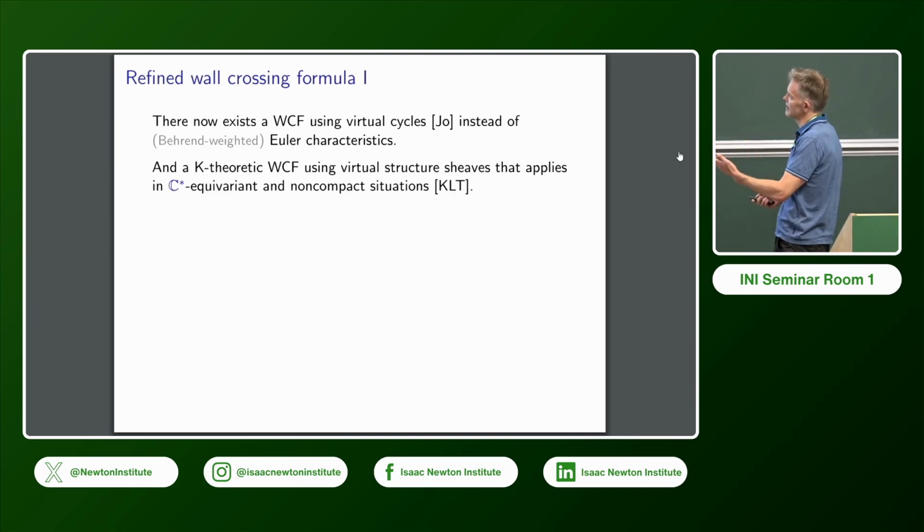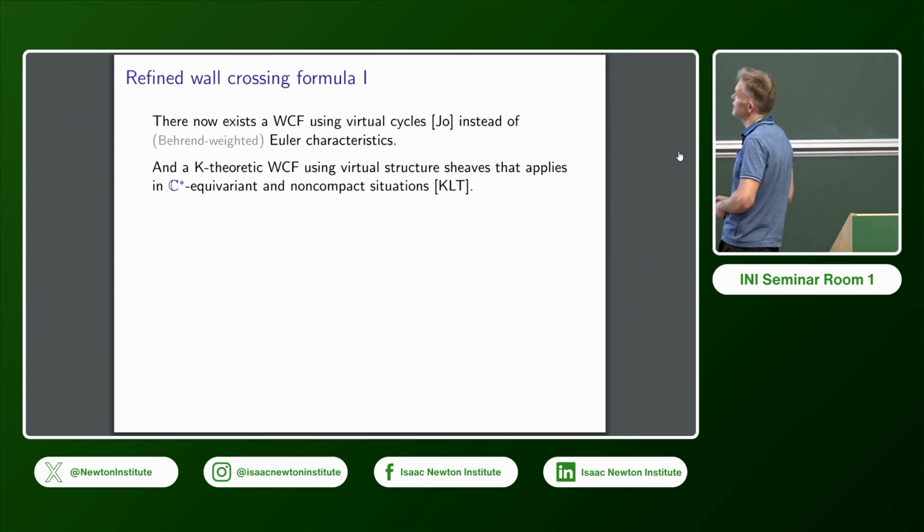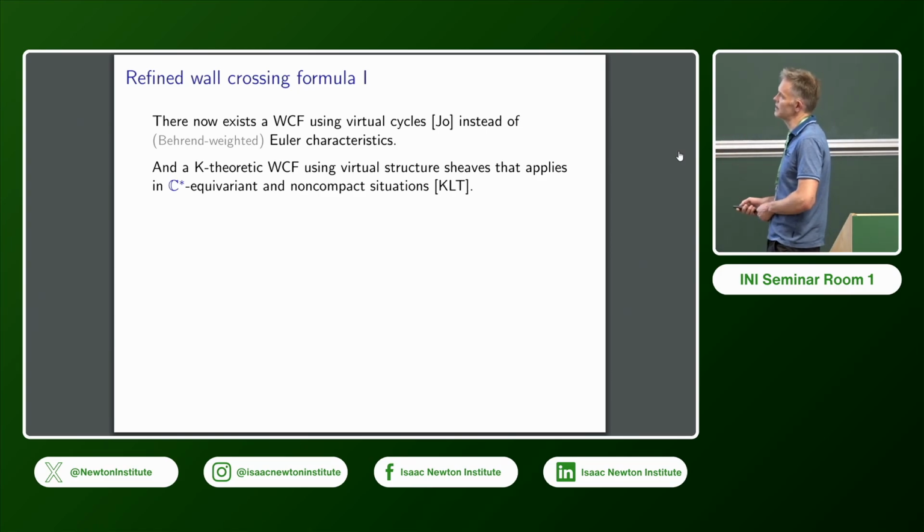And then there's a K-theoretic version using virtual structure sheaves, and it also allows you to use C-star equivariant invariants, which we couldn't do before. Okay, and so this is work which hasn't appeared yet, but this work of Kuhn, Liu, and Thimm.